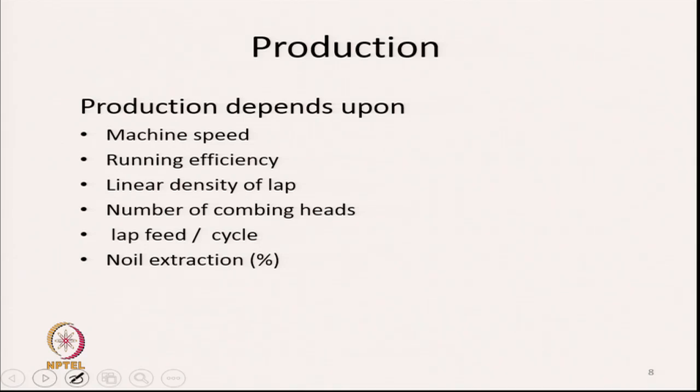What are those parameters? One is the speed of the machine, then the running efficiency of the machine, the linear density of the lap that we are feeding, and the number of combing heads of the machine. Generally, machines are available with 6 combing heads or 8 combing heads. Most of the modern machines today will have 8 combing heads.